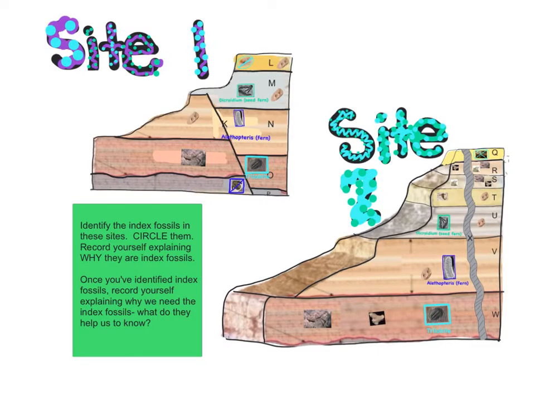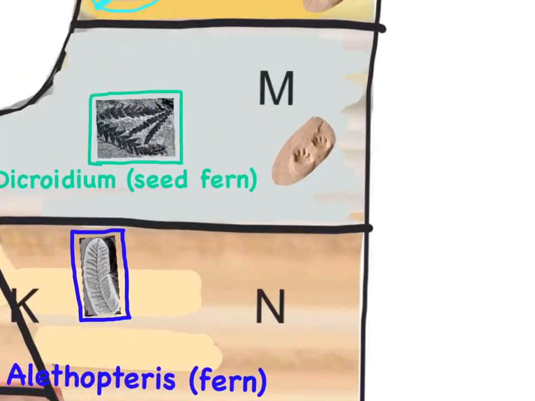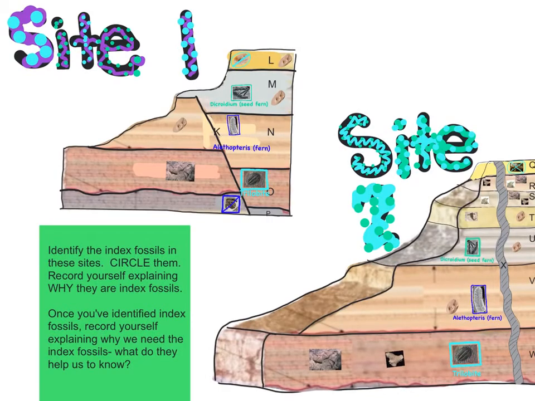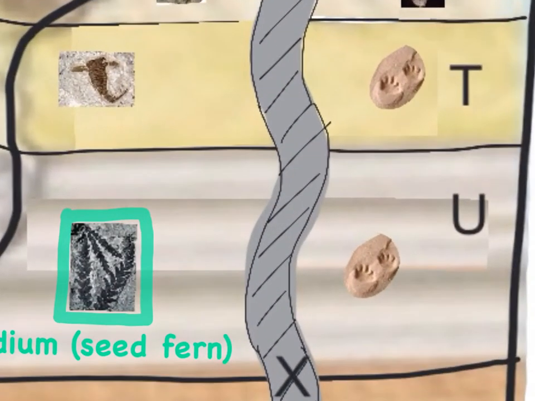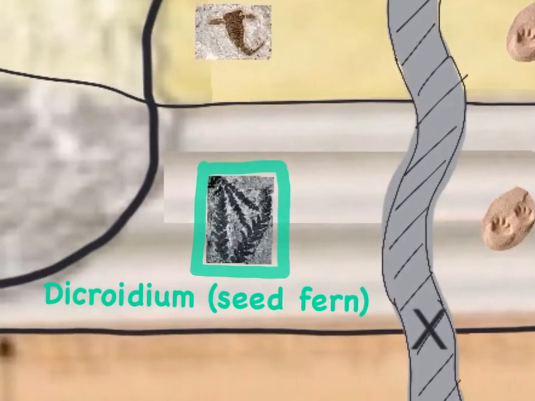Our first index fossil we find in rock layers M and U. The index fossil we find in these layers is called the Dichordium, which is a seed fern, but in this case, it looks like a black fern.